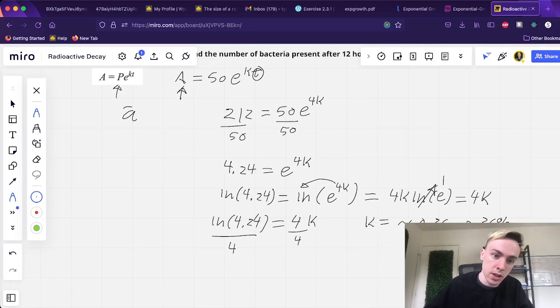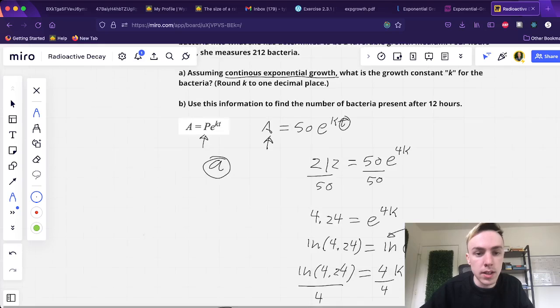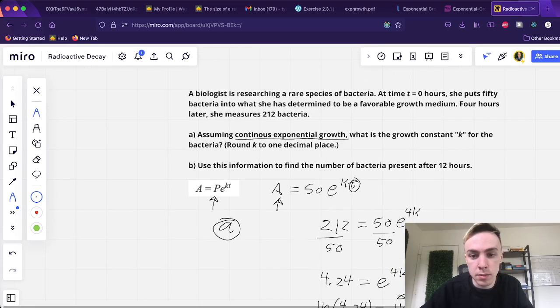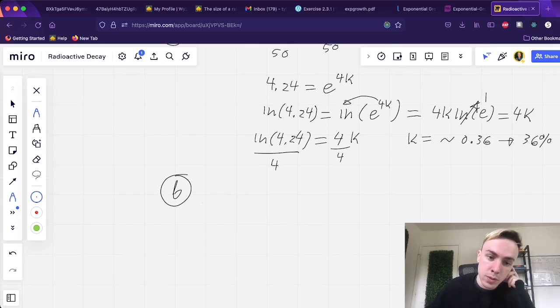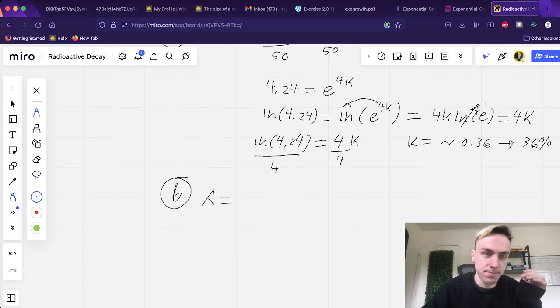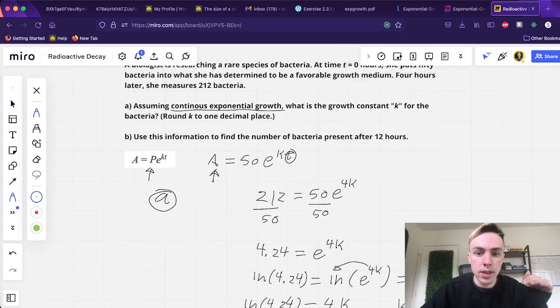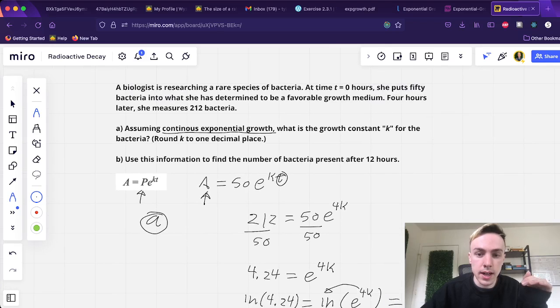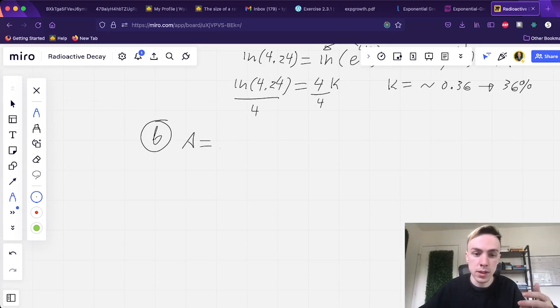We will label that. For part B, what is it asking us to do? Well, it's asking us to use this information to find the number of bacteria present after 12 hours. Okay, so now we're going to have our formula, A equals P times e to the kt. We know that at time t equals 0 hours, she puts 50 bacteria in, so our starting value is going to be 50.